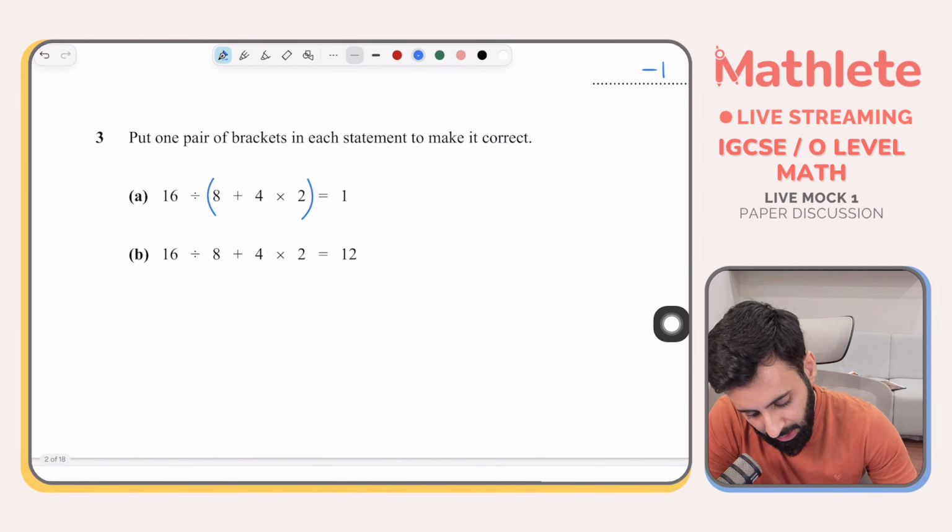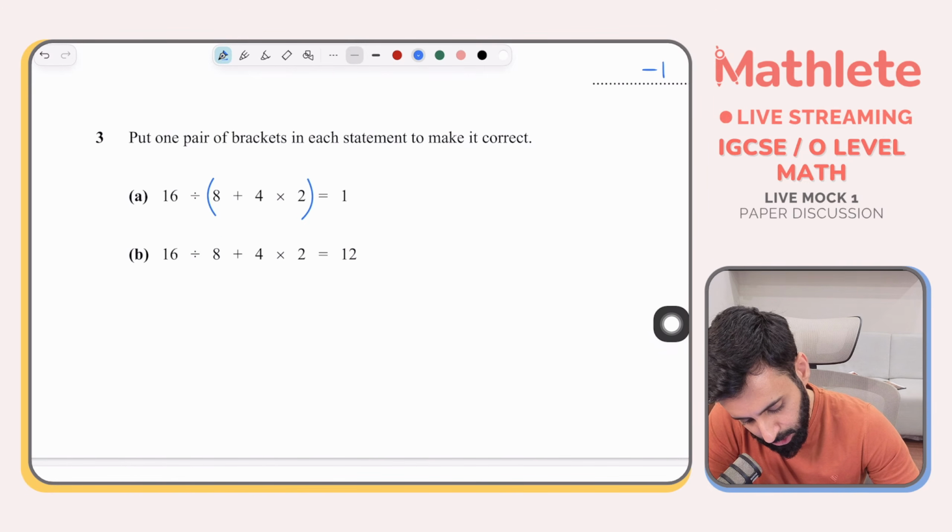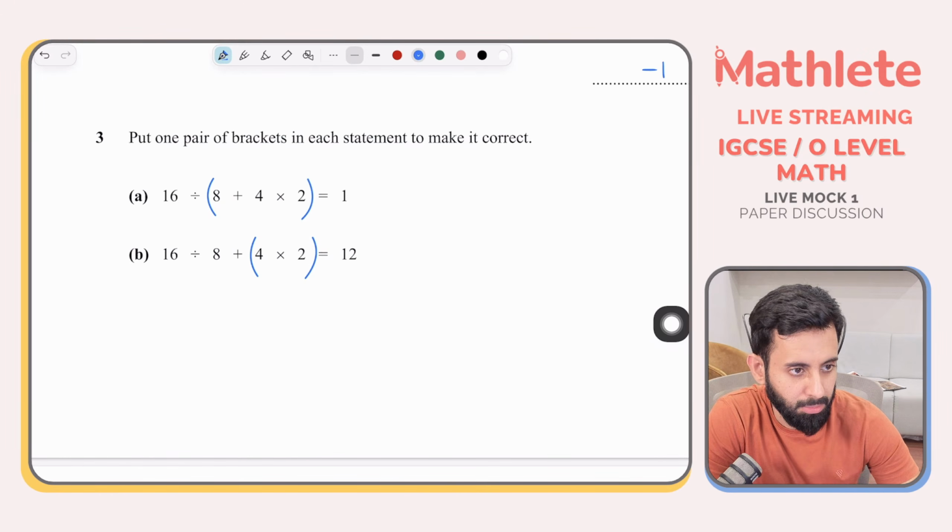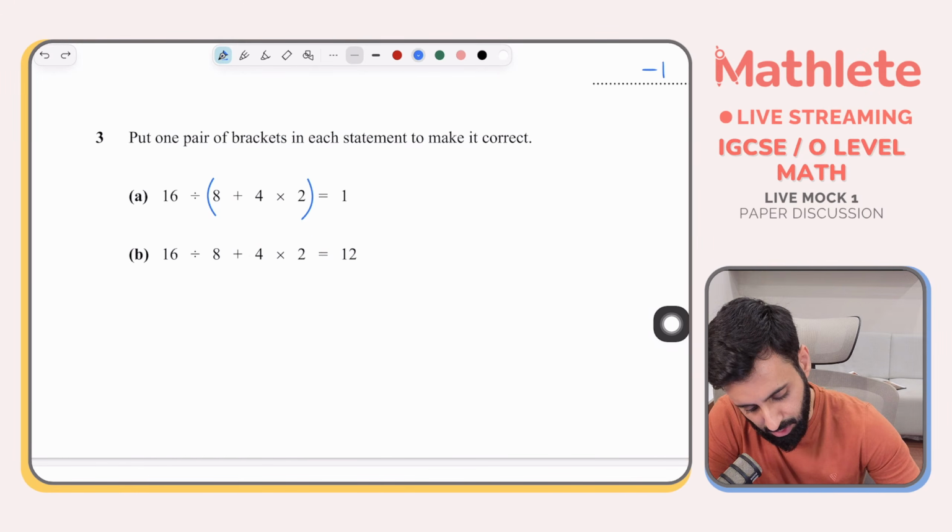Okay, how about I do this? 16 divided by 8, that's 2. 4 into 2 is 8. 8 plus 2, nope, that's not going to work. Okay, how about I do this? 16 divided by... Nope, that's not going to work. So how about I put a bracket over here? 16 divided by 8, that is 2. 4 into 2 is 8. Nope, that's also not going to work. Okay, so let's try this.